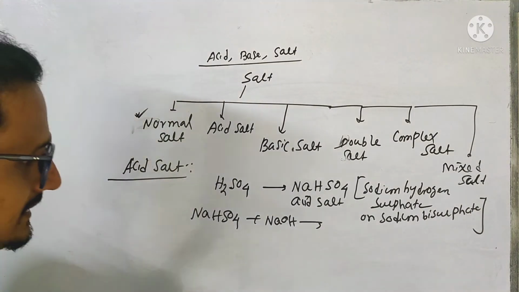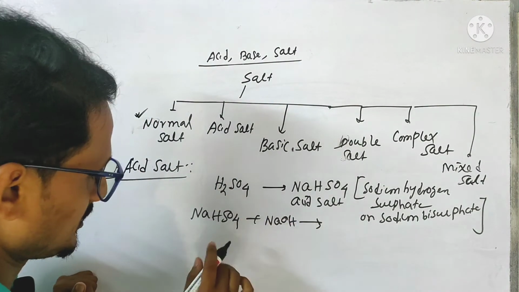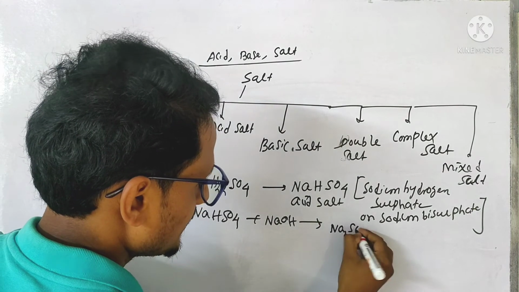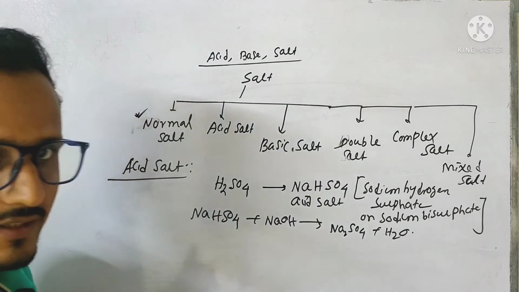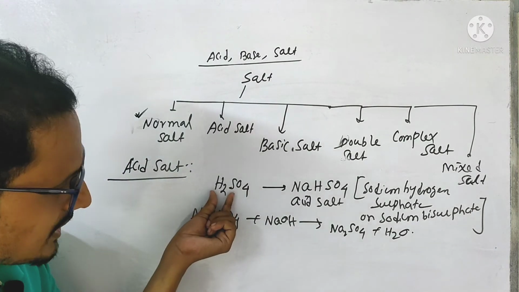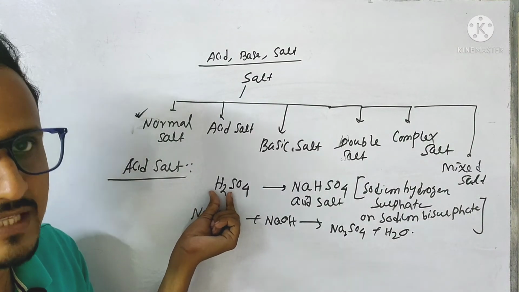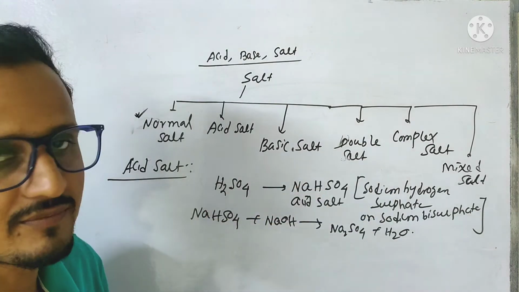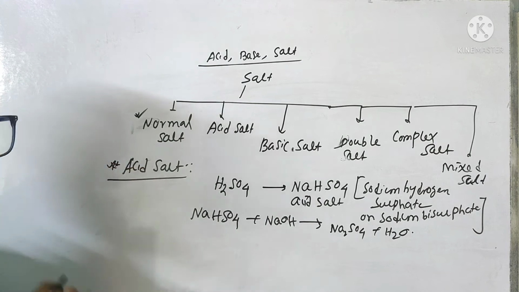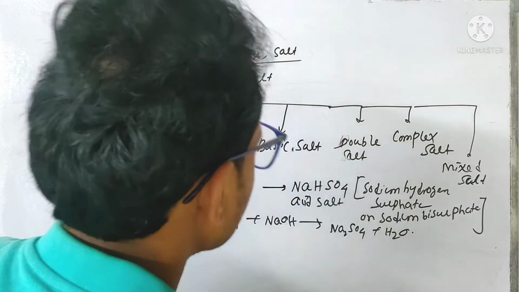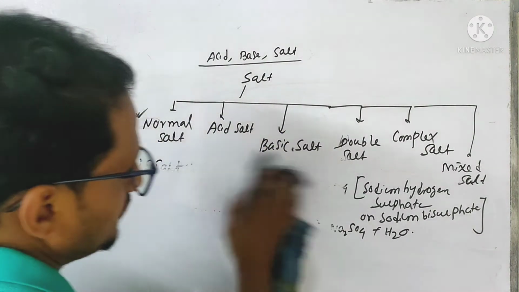It will form the normal salt again, that means Na2SO4 and H2O. If one of the two hydrogens is replaced by potassium, then you will get potassium hydrogen sulfate. So this is the acid salt. This is important. Now we'll go to the basic salt.